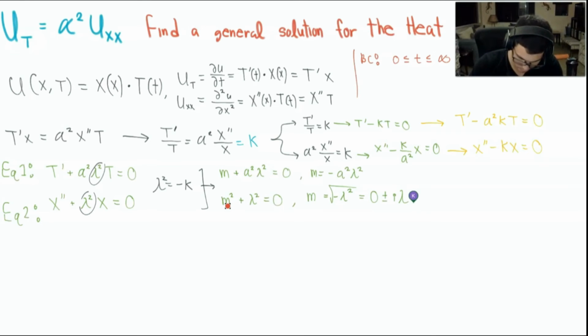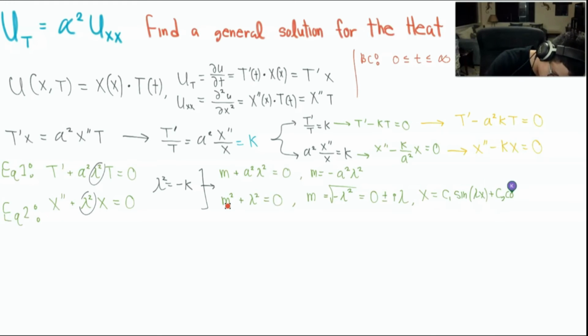So recall the general form would be X is equal to c1 sine lambda X and c2 cosine lambda X. So that's true.